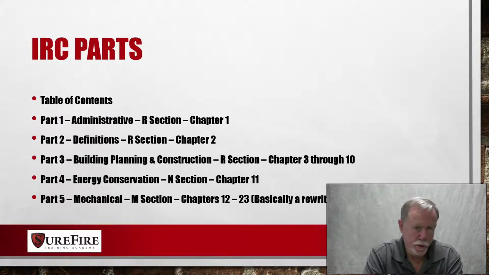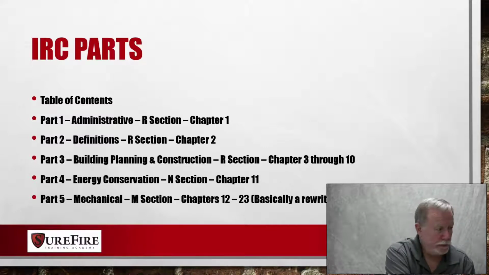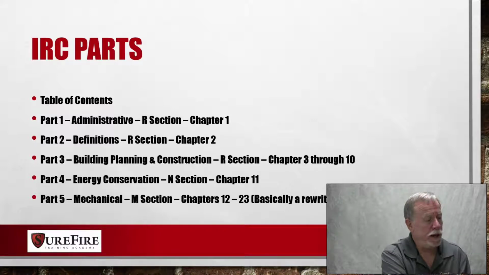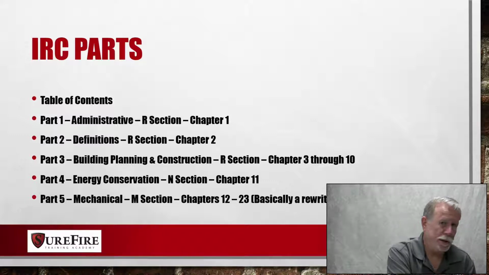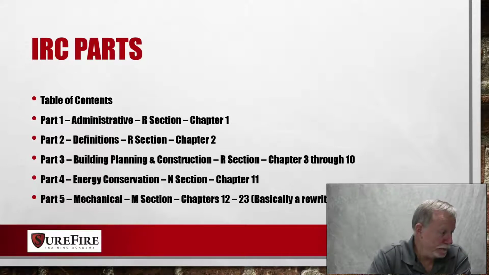It begins with a table of contents, which is good information. Part 1 is the administrative section, and that's chapter 1. Part 2 is definitions, and that's an important part of the code. We'll talk more about that a little bit later, but that makes up chapter 2, definitions. Part 3 is building, planning, and construction, and that's chapter 3 through 10.